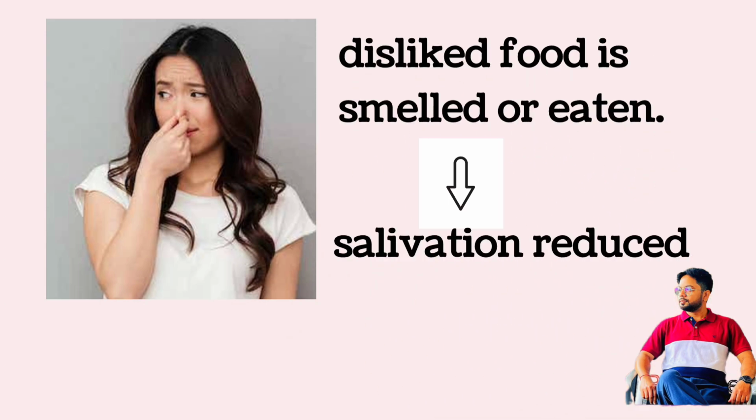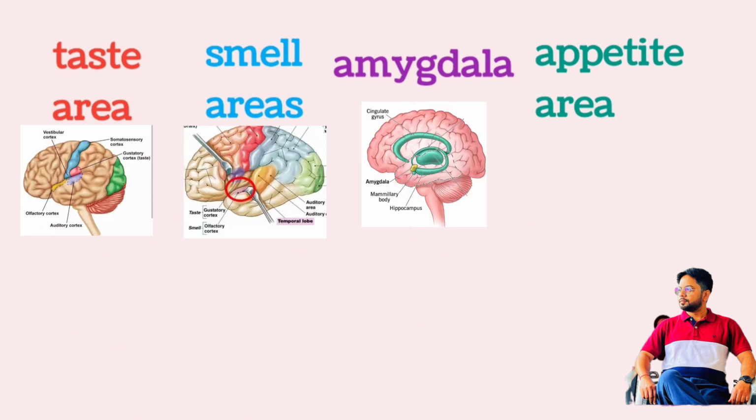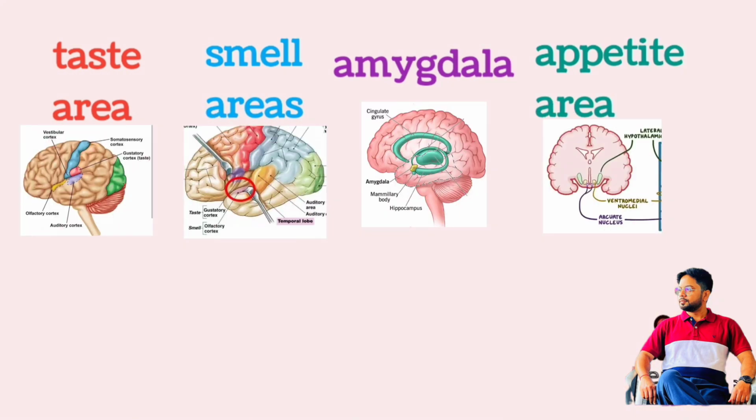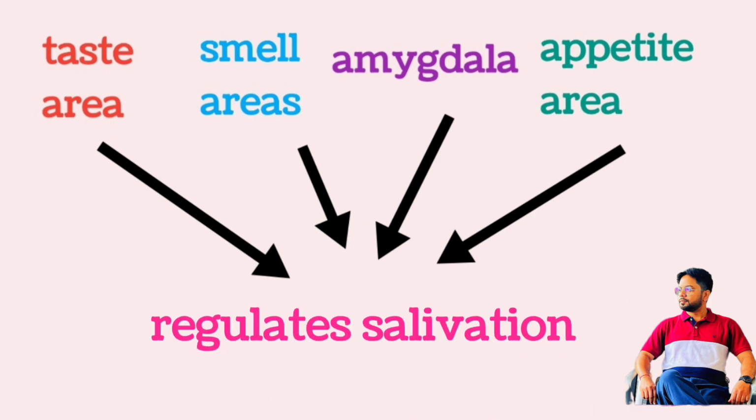The appetite area of the brain, which partially regulates this effect, is located in proximity to the parasympathetic center of the anterior hypothalamus, and it functions to a great extent in response to signals from the taste and smell areas of the cerebral cortex or amygdala.